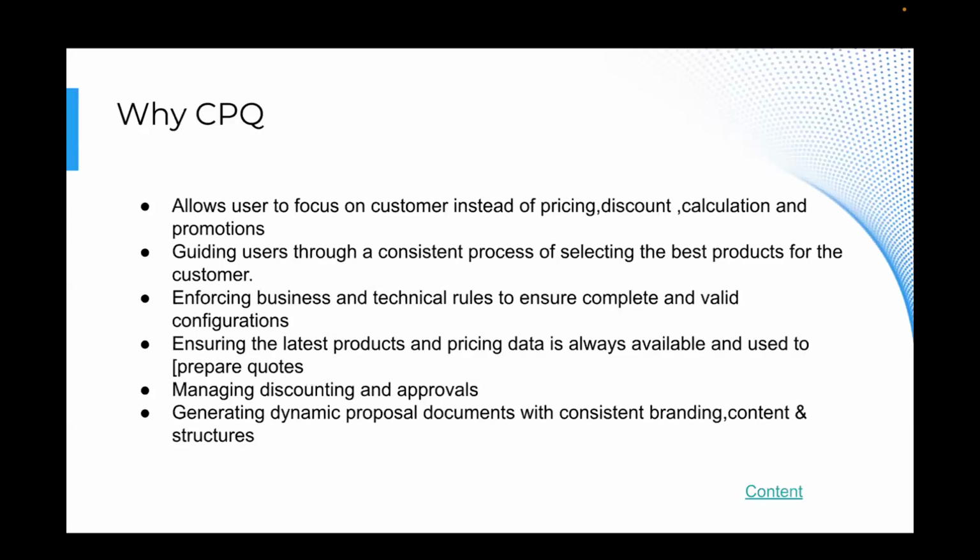Now, enforcing business and technical rules to ensure complete and valid configuration. What I mean by this is, we can create some product rules and price rules to make sure the sales rep always selects the correct product, meaning products that are compatible with each other.